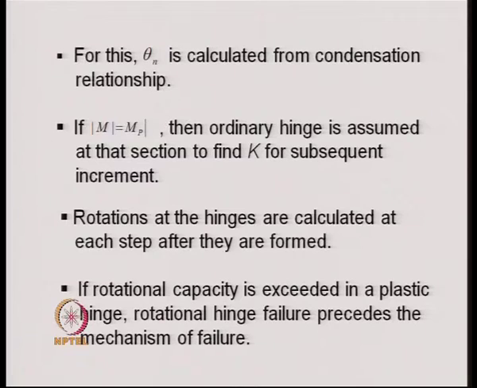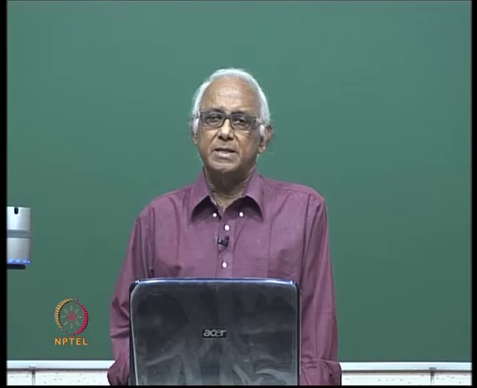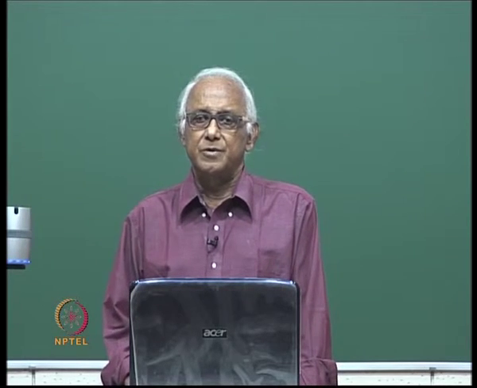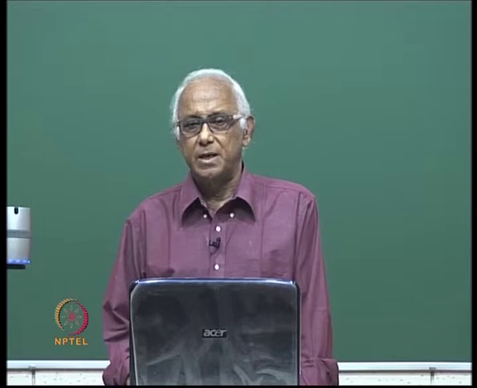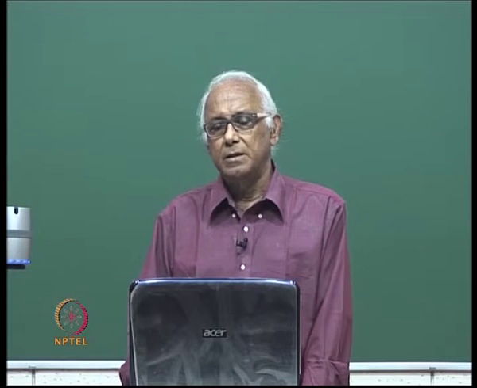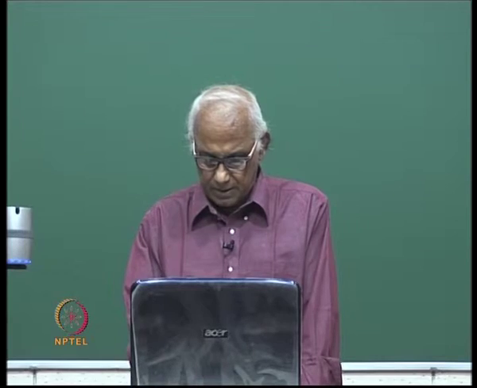If we find that the rotational capacities in a sufficient number of hinges have been reached, then it may so happen that a rotational failure may precede the actual collapse mechanism.